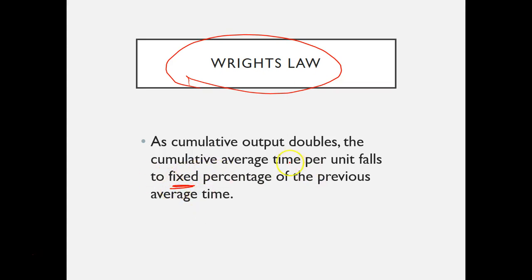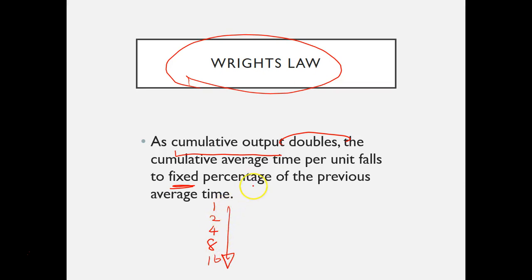But here is the key issue that you need to be comfortable with. As cumulative output doubles, it's all about accumulation and averages. This is no different from the demand curve. It's the same idea. As cumulative output doubles, so if something goes from 1 to 2, 2 to 4, 4 to 8, 8 to 16, that's what we're talking about here.